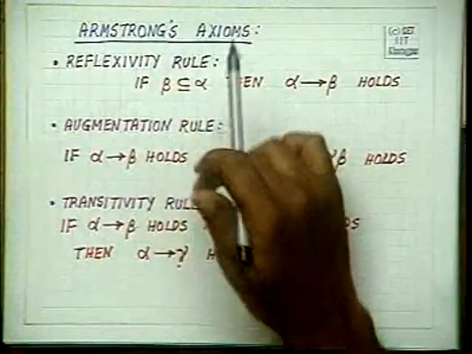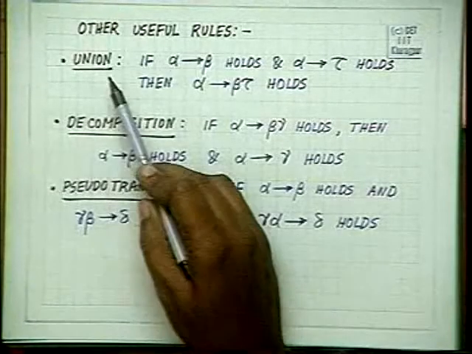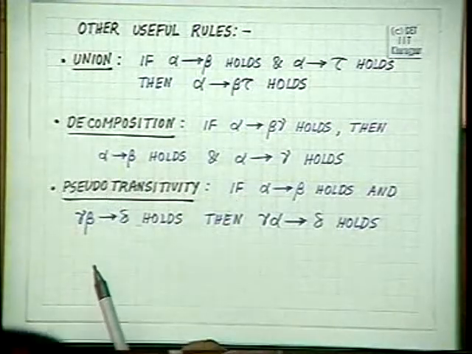Similarly, while these are the three fundamental axioms, there are other rules which are also useful and can be used to generate newer functional dependencies. We will discuss three such important rules.